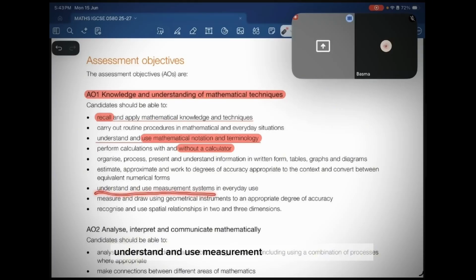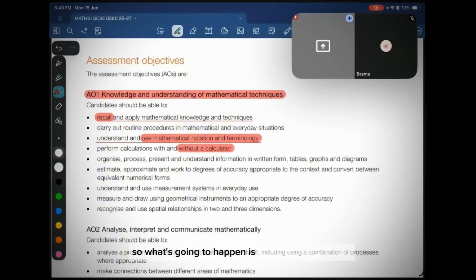Understand and use measurement systems in everyday use. This, Bisma, is very simply what you may call the day-to-day everyday conversions that we do: meters to kilometers, kgs to grams, centimeters, millimeters, stuff like that.